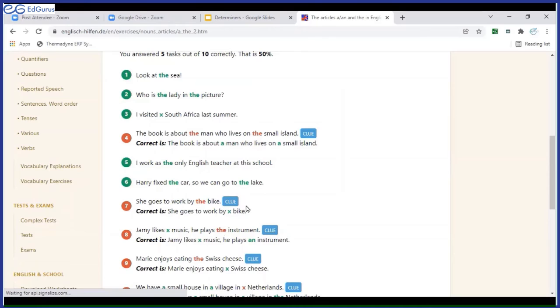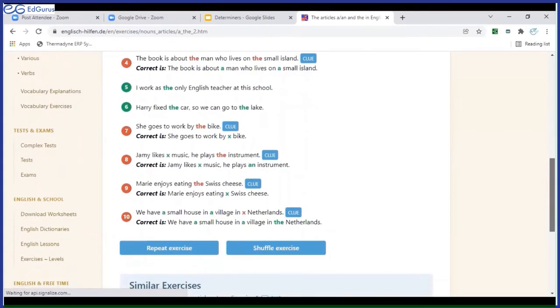By bike, not by the bike. By the bike means a specific bike, but that specific bike has not been mentioned anywhere else, so there would be no article. Okay? Jamie likes music. You were right that you decided no article. But he plays an instrument. You forgot that instrument begins with a vowel, I, so we have to use "an" here.